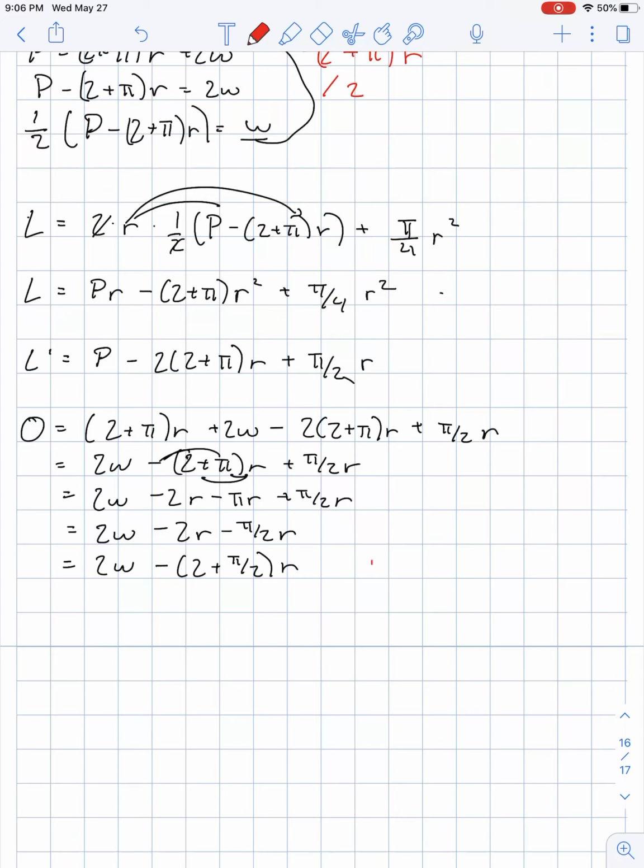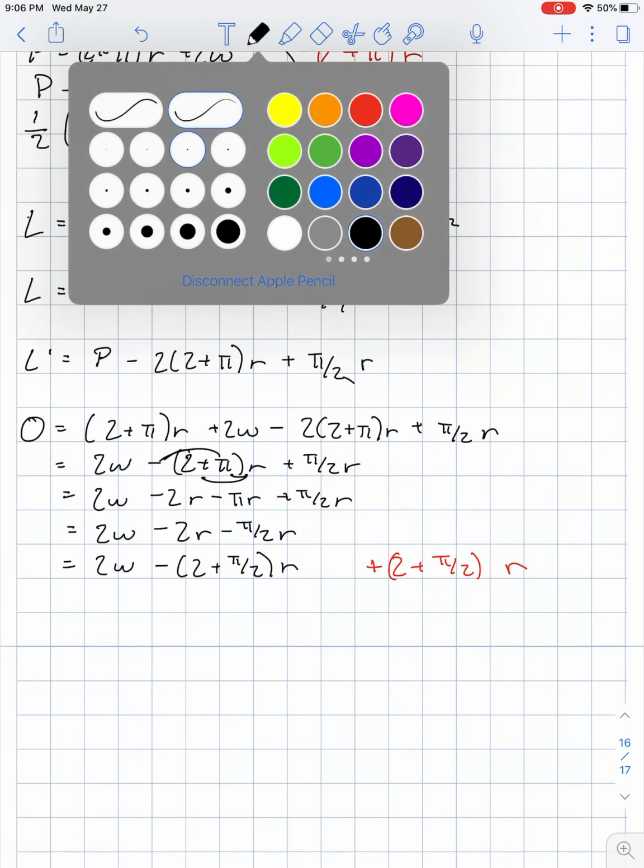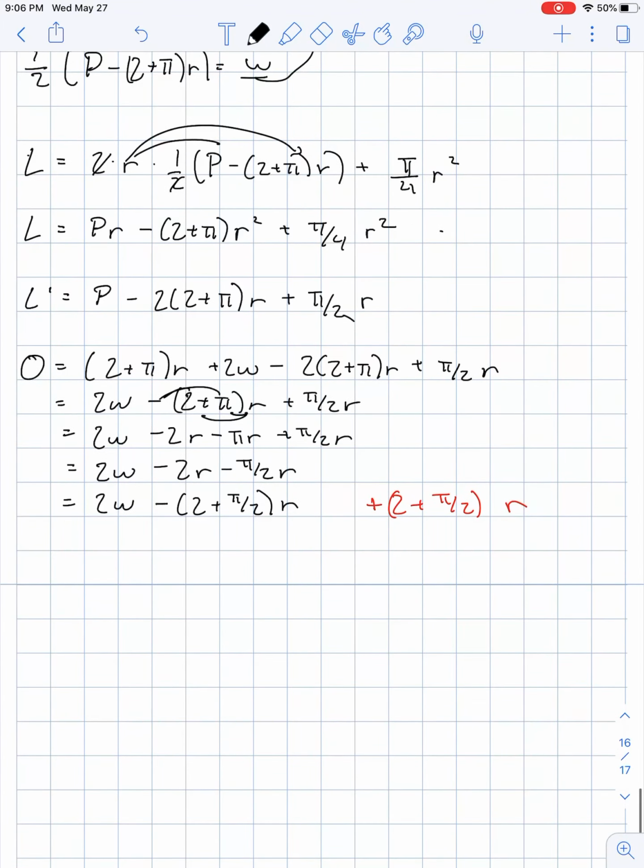So now I'm going to add (2 plus pi over 2) R to the other side, so that we get (2 plus pi over 2) R is equal to 2W.